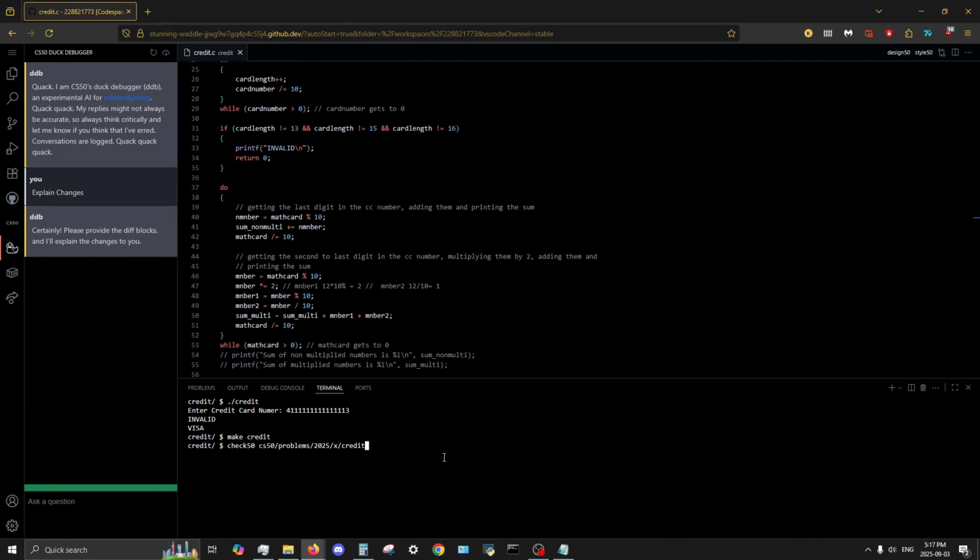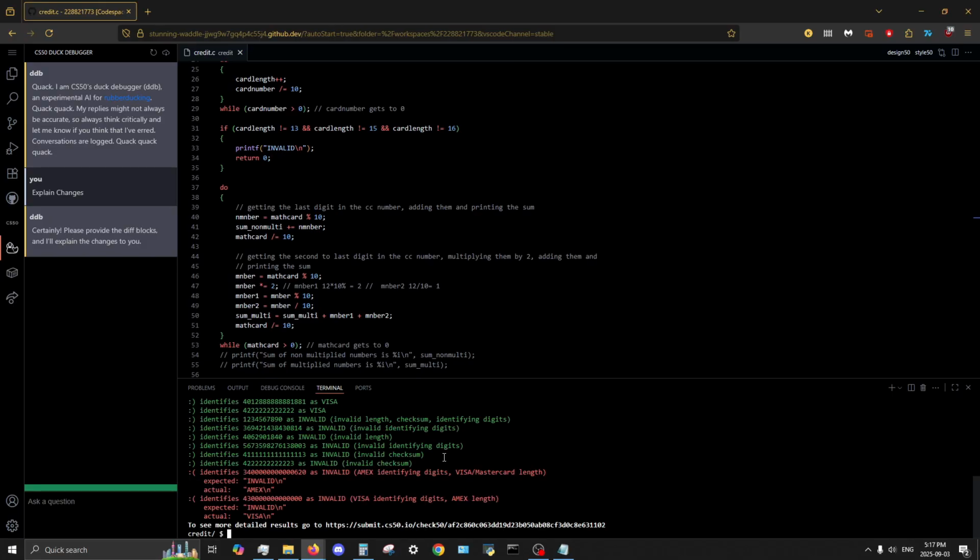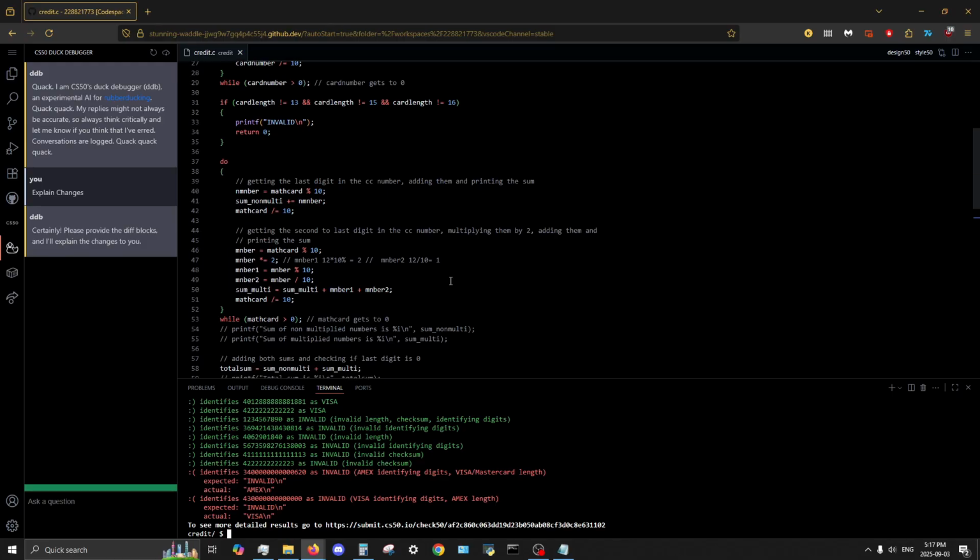Okay. Let's see if that fixes it. Alright, so Amex is still doing the same thing. Expected invalid actual Amex.